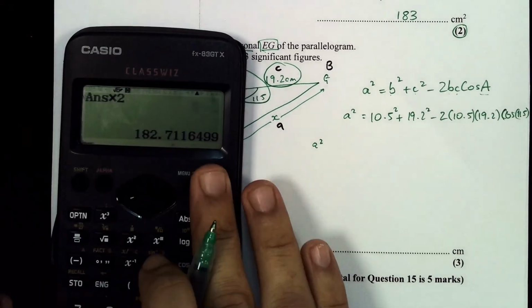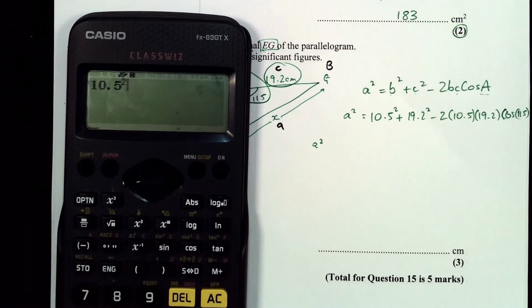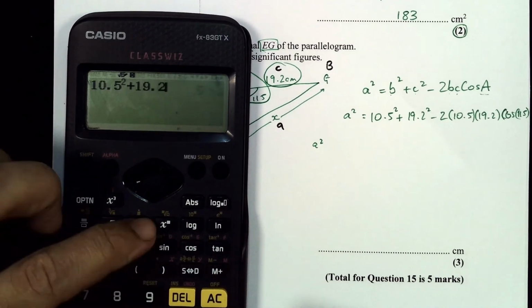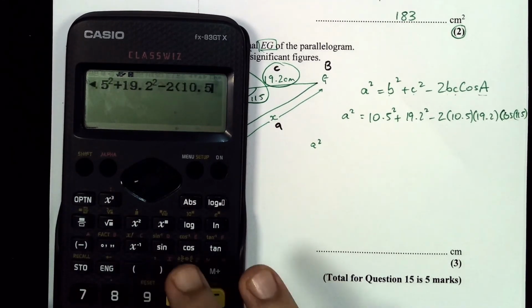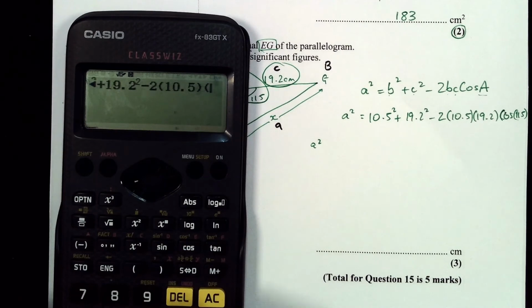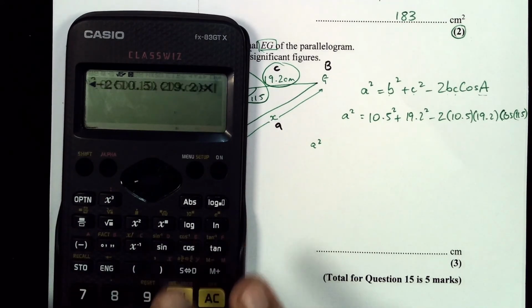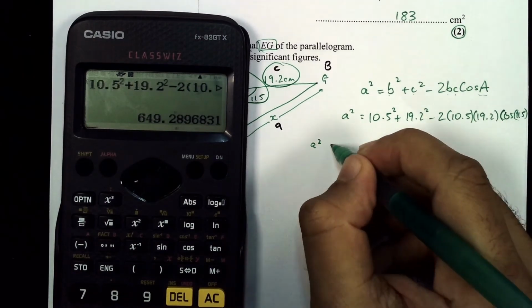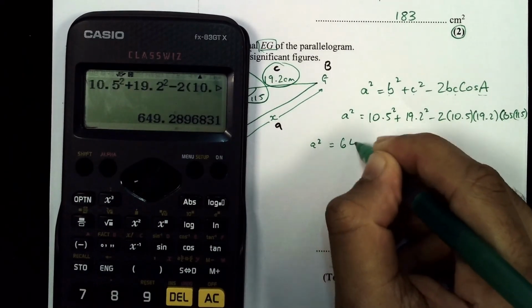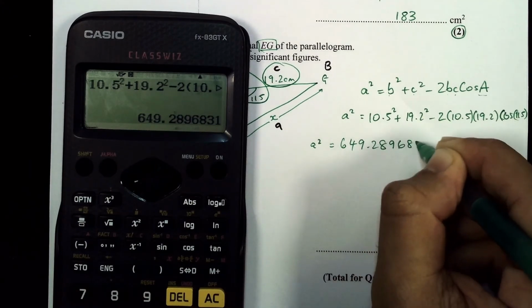There we go. 10.5 squared plus 19.2 squared, take away 2 times 10.5 times 19.2 times cos 115. And we have an answer of a squared equals 649.2896831.